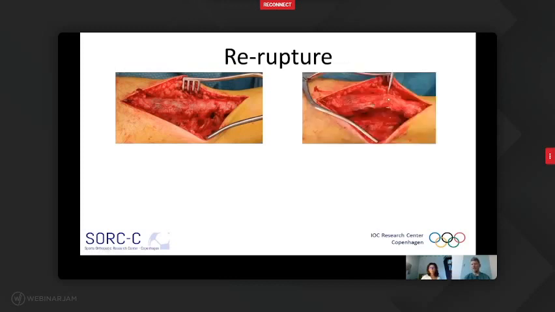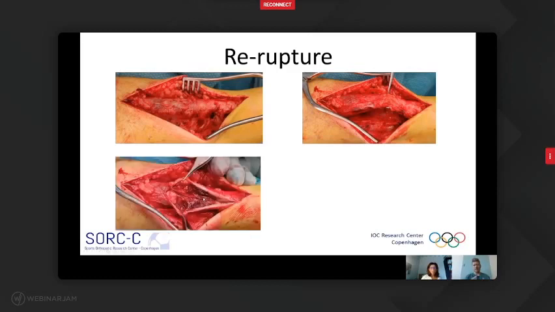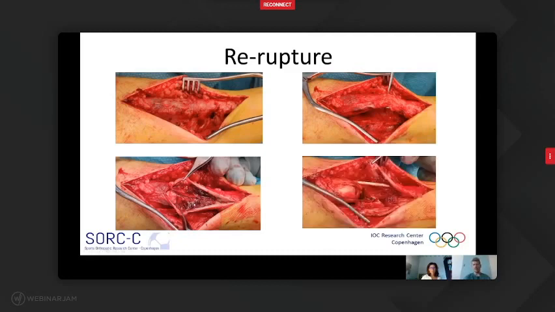Then I pull it, and you see, by pulling it, it's too thin, it's too loose, there's something wrong here. And then when I open it, you see, it's just the paratenon. The paratenon has a very good capability of healing the tendon. And you see the paratenon has tried to heal the tendon, but you have a stump lying here, and you have a stump lying there, and this is just old hematoma.